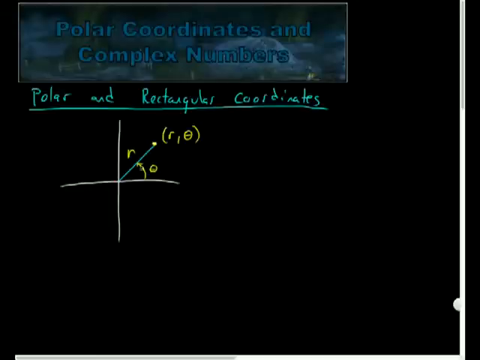So for starters, here's a point, just an arbitrary point that I picked in polar form. If I know the radius out and the angle that I'm at, here would be r comma theta. So our question is, how could we find the x and y position of this point?